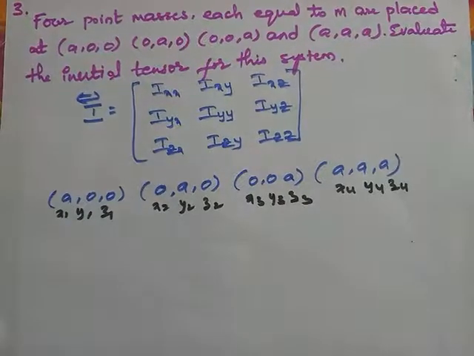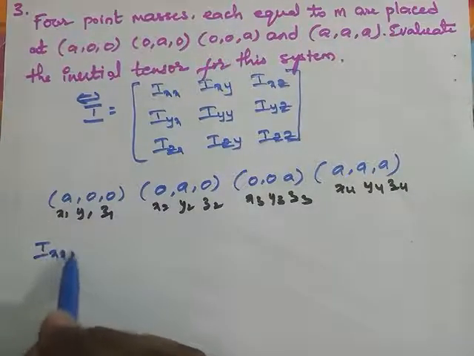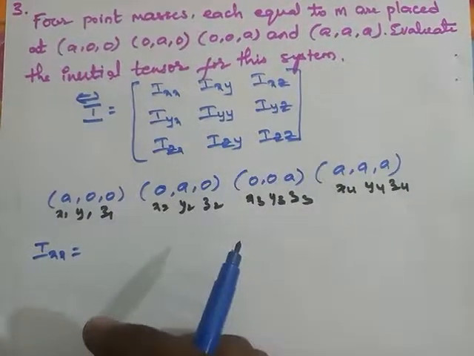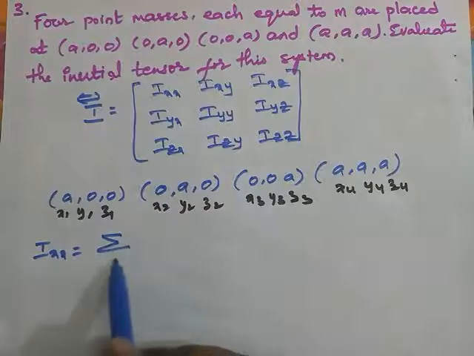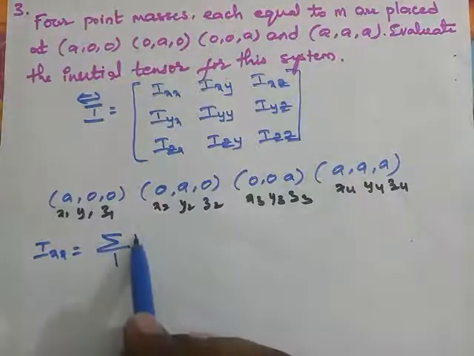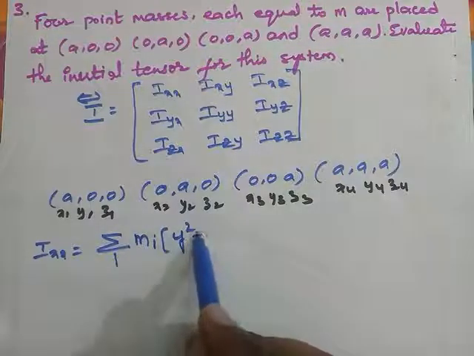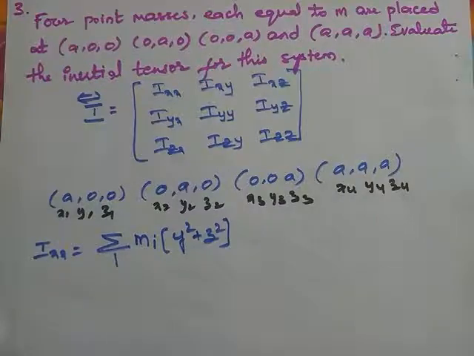First find Ixx, the inertia along the x direction. How can we find it? It can be written as summation over i of mi times (y square plus z square).